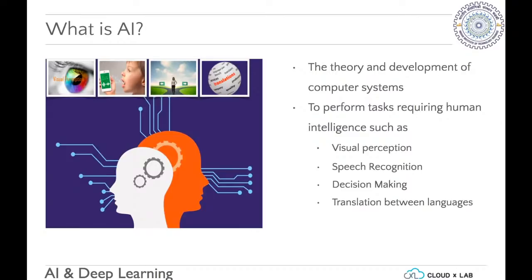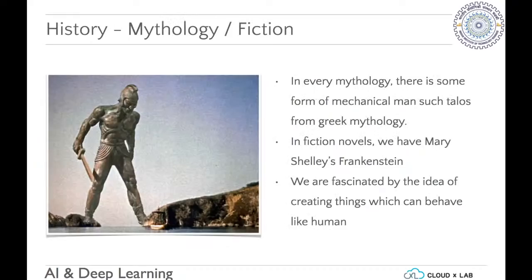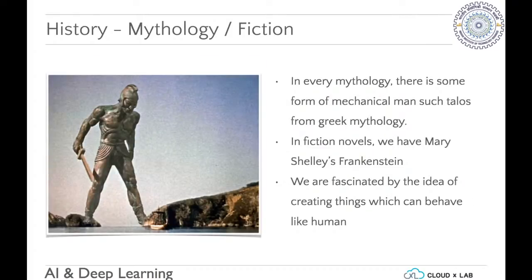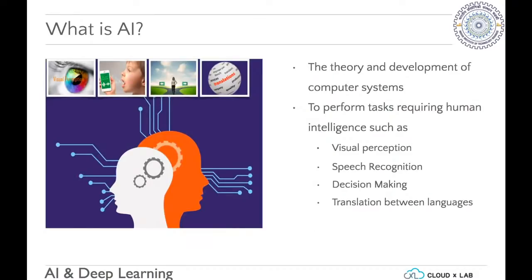So the theory and development of computer systems to perform tasks that require human intelligence, to make computers artificially intelligent, we call that AI, artificial intelligence. Okay? Now, essentially, we are trying to create a machine which can mimic an animal or which can mimic a human.